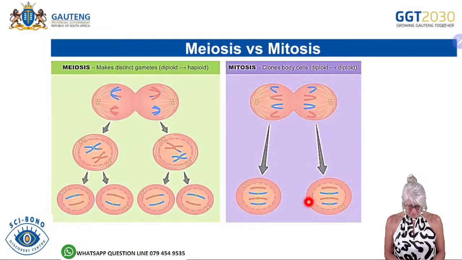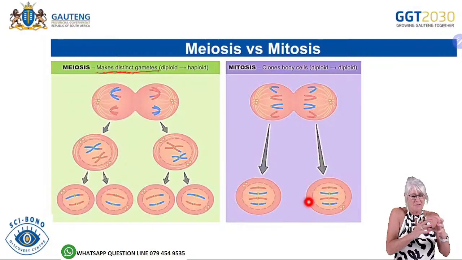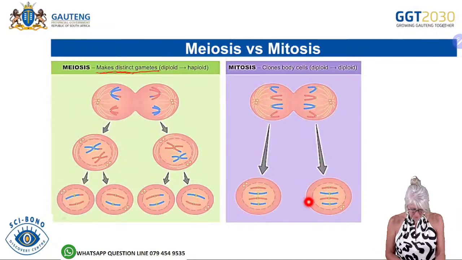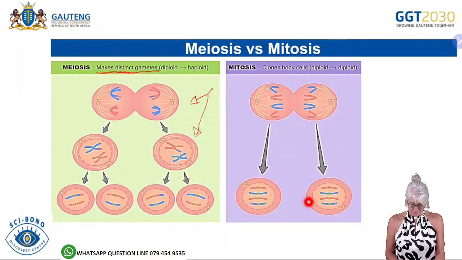So if we have a look at these two diagrams, if we see meiosis, it says there, meiosis makes distinct gametes. Now, distinct means that they are different. Each one has its own identity. Down the bottom here, we started off with one cell, and it went through the first division and created two cells, and already we can see the cells are slightly different.